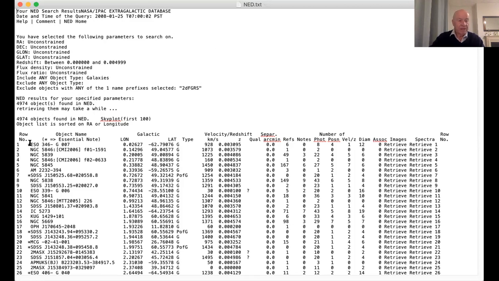And you can see there's one row in the data corresponding to each galaxy. And what you get is longitude and latitude. Longitude is a number which goes from 0 to 360, and latitude is a number which goes from -90 to +90.